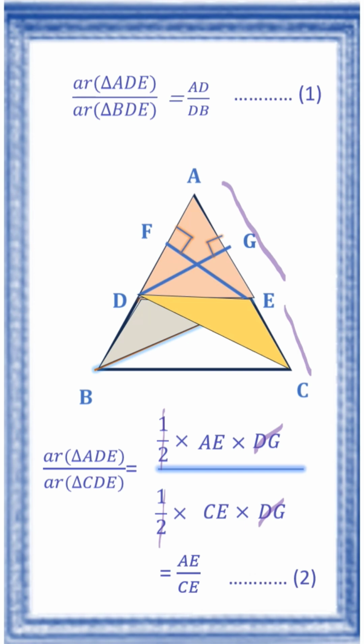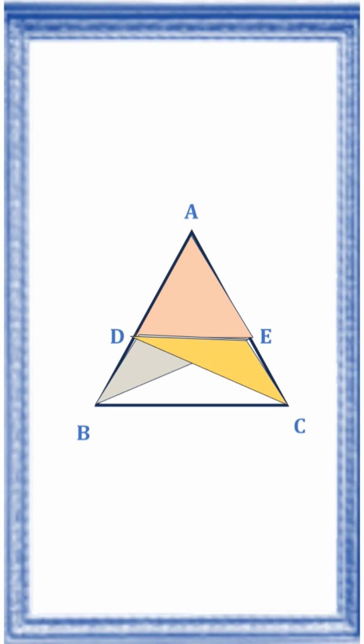You may feel happy. You got the ratio. AD by DB is equal to AE by EC. But still the LHS are not equal. Numerator and numerator are equal, but the denominators are different. So one more step we have to do now. Here observe the triangles BDE and CDE.